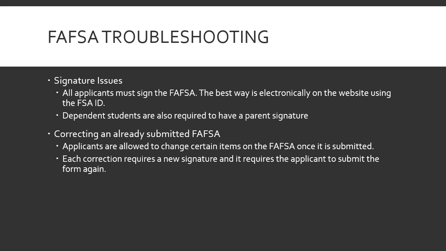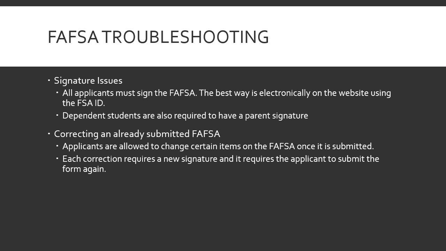Sometimes an applicant gets all the way to the end of the FAFSA and they submit their FAFSA without having signed it. That is a common error that we see as well, the signature issue. All applicants must sign the FAFSA, and the best way to do that is electronically while you're on the website for the FAFSA. You have to sign the FAFSA electronically using the FSA ID that you use to log into the FAFSA.